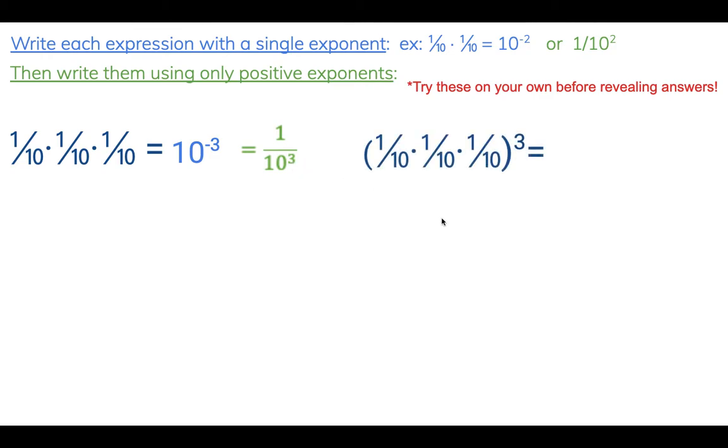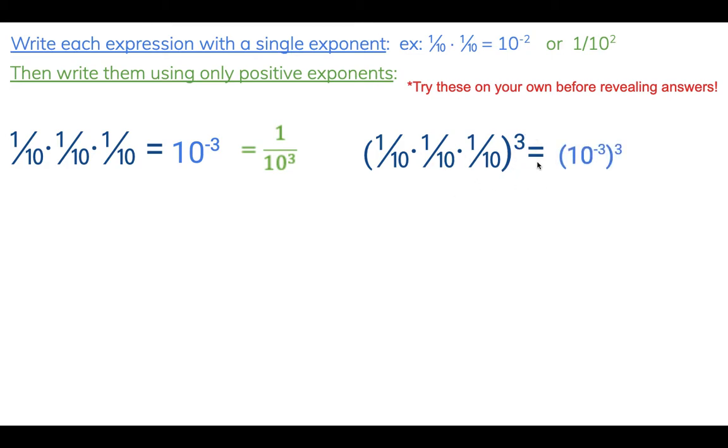All right, this one. Why don't you take a minute to do this one? All right, let's do it. What we have to do is order of operations first. Let's take care of what's in the parentheses first. So it's 1/10 times 1/10 times 1/10, which should tell you it's going to be 10 to the negative 3 inside.